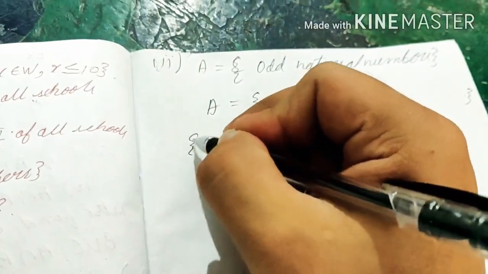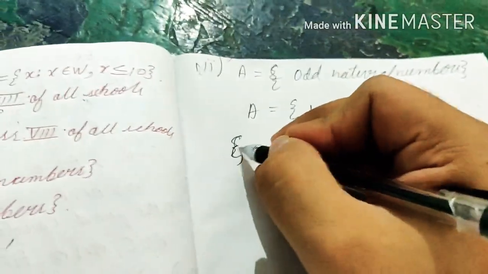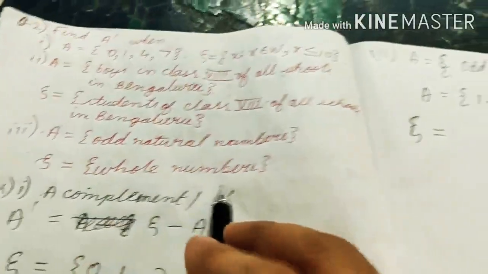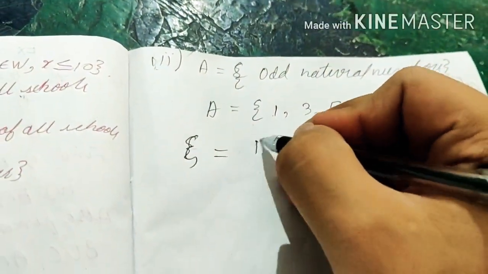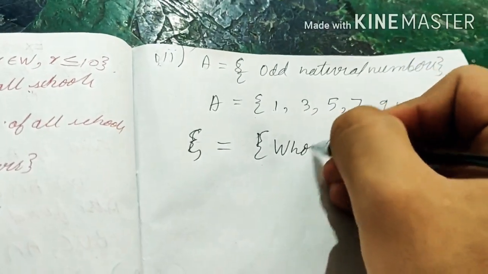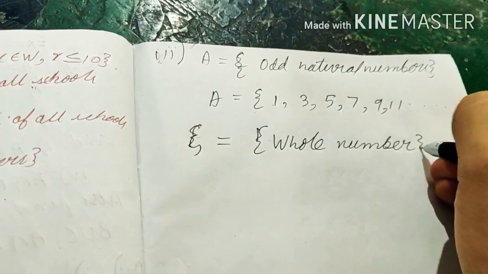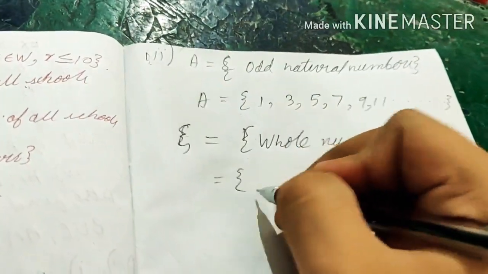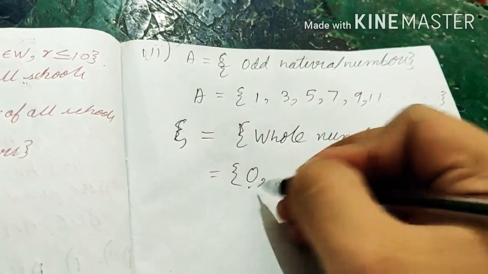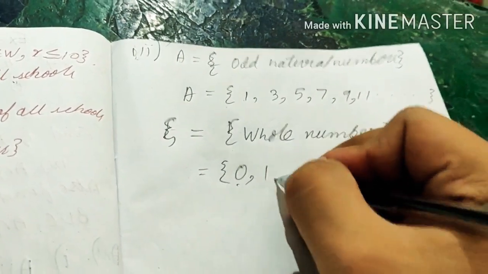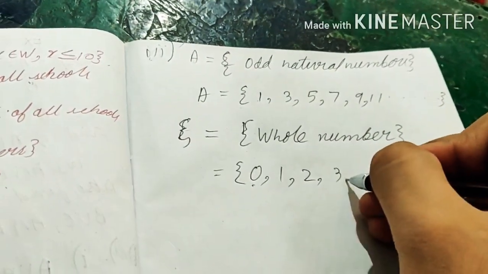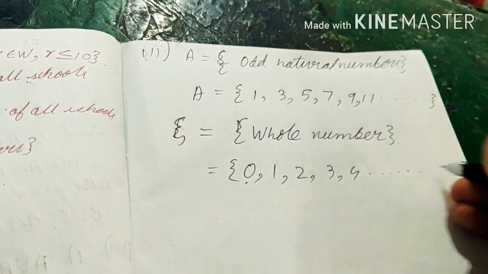Our universal set here is whole numbers. Whole numbers means 0, 1, 2, 3, 4 and so on.